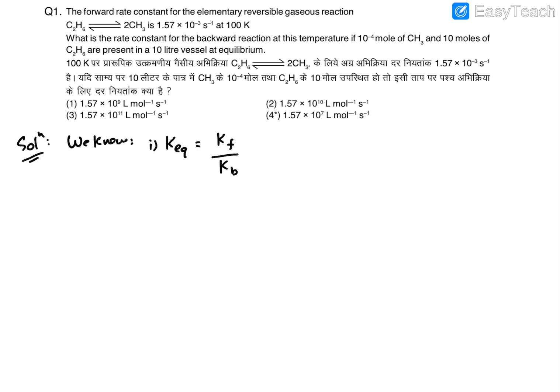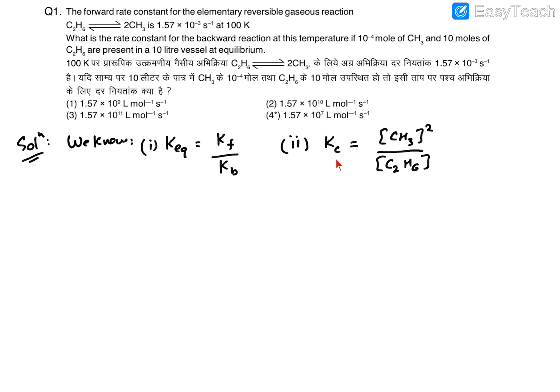Also, Kc for this reaction will be concentration of CH3 to the power 2 divided by concentration of C2H6. So using these, we need to find out the value of Kb. Kb is what we need to find.